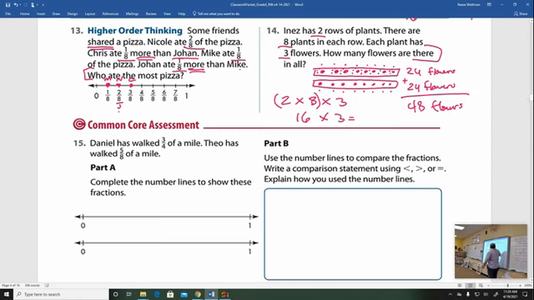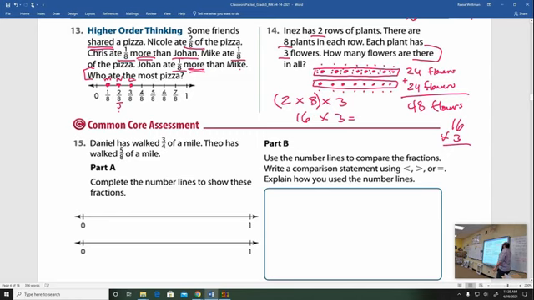Now that looks kind of like an intimidating number, doesn't it? But we could do it. Is it going to work? Yes. That's exactly right.